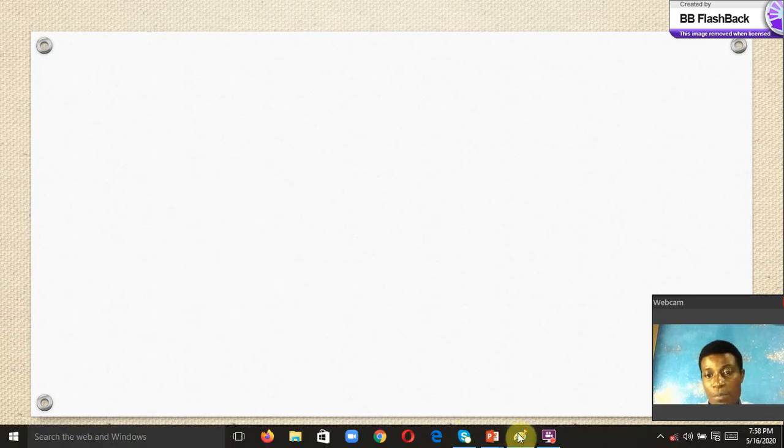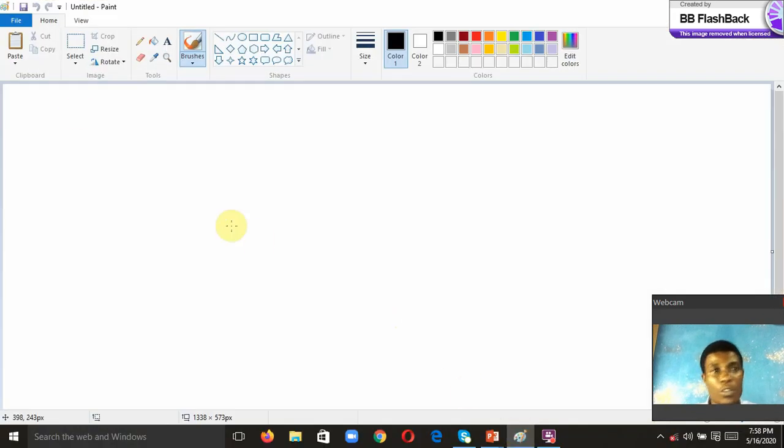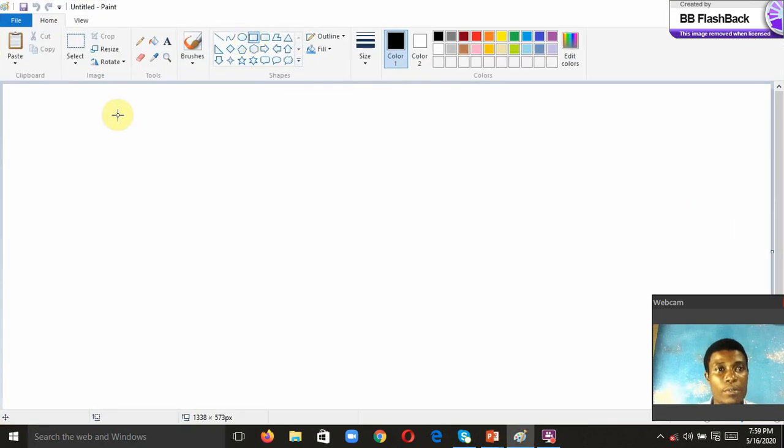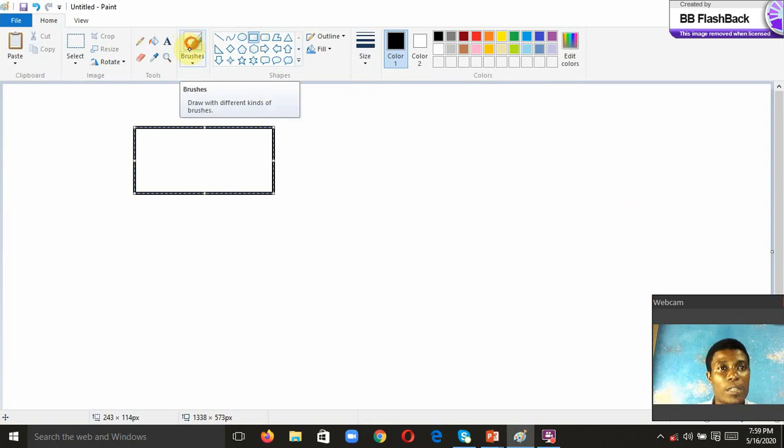So let's move to our board so we can quickly solve that question. Let me draw. So this is a rectangle. Now the length is 5 meters and the breadth is 4 meters.